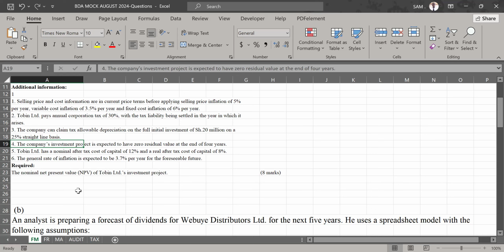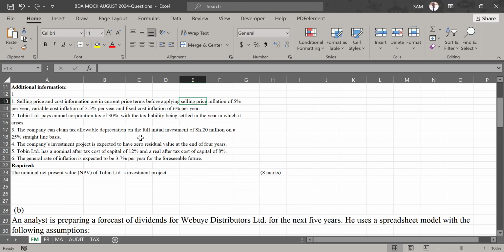Note 5. Tobin Limited has a nominal after-tax cost of capital of 12% and a real after-tax cost of capital of 8%. Ladies and gentlemen, look at note 5. What information is the examiner trying to bring on board? Tie it along and tag it with note 1. Note 1 was presenting information about selling price and the cost elements, which have been given net of inflation effect.